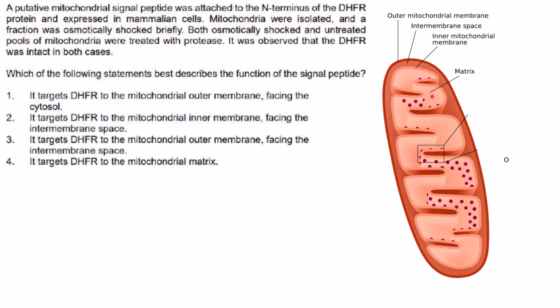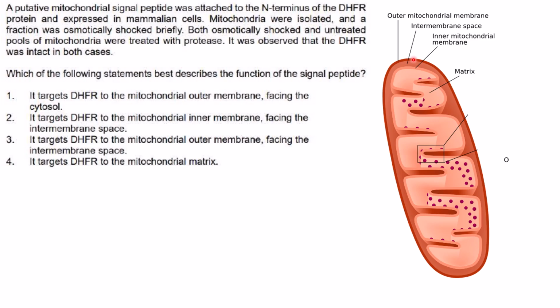There are so many folds, and then you have the matrix. So what will happen when mitochondria are subjected to osmotic treatment? This treatment will disrupt the outer membrane, and it will make the intermembrane space, the next layer, accessible to proteases.